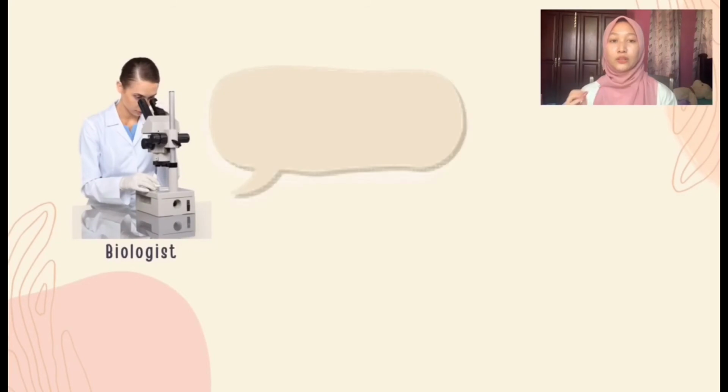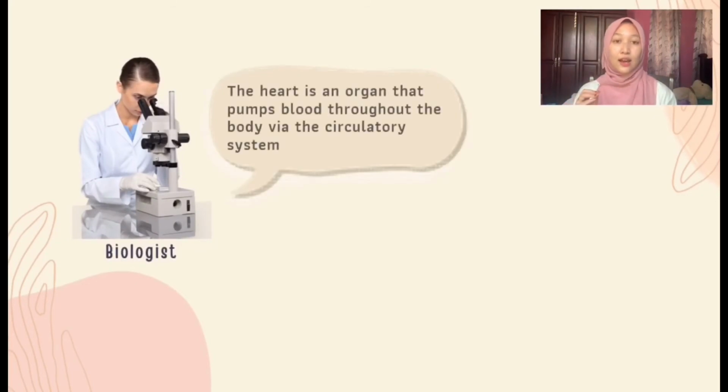Okay, as an example, when someone asks what is the function of the heart, a biologist will explain that the heart is an organ that pumps blood throughout the body by the circulatory system. They also can explain the function of the kidney, something about evolution, and so on.